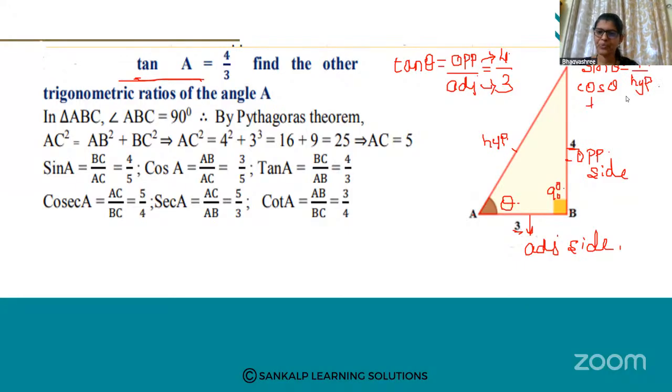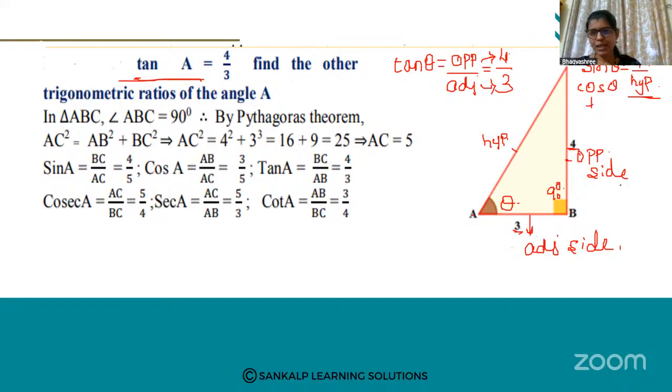Right? But here we know the value of opposite and adjacent side only. We don't know the hypotenuse. So first we need to find the value of the hypotenuse. How to find it? Since it is a right angle triangle and we know the value of two sides, we can apply Pythagoras theorem, right? So let's apply Pythagoras theorem.